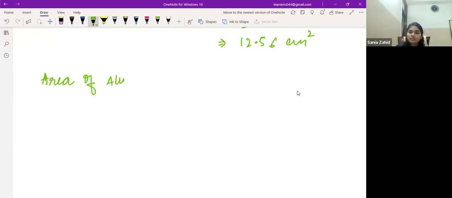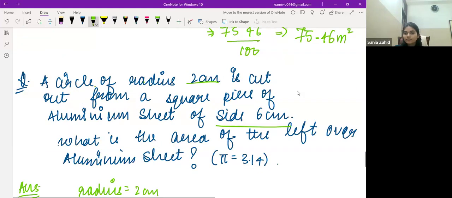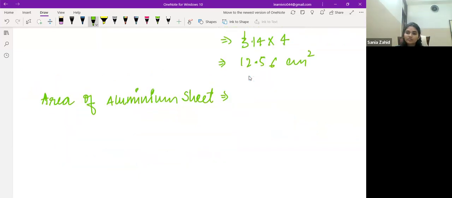Next, we have to find the area of the aluminium sheet. The side is 6 centimeters. So what is the area of the aluminium sheet? Area is equal to pi r square. The aluminium sheet is not a circle.